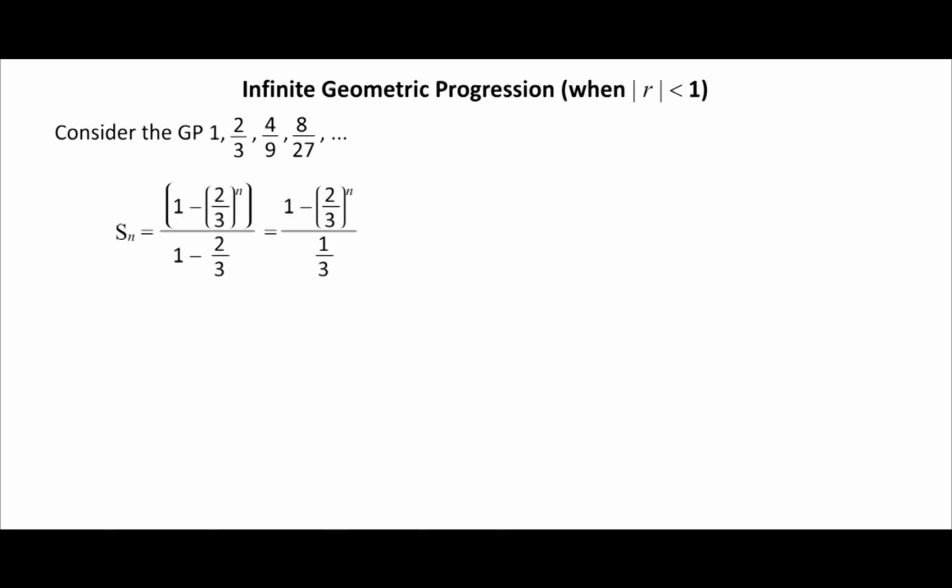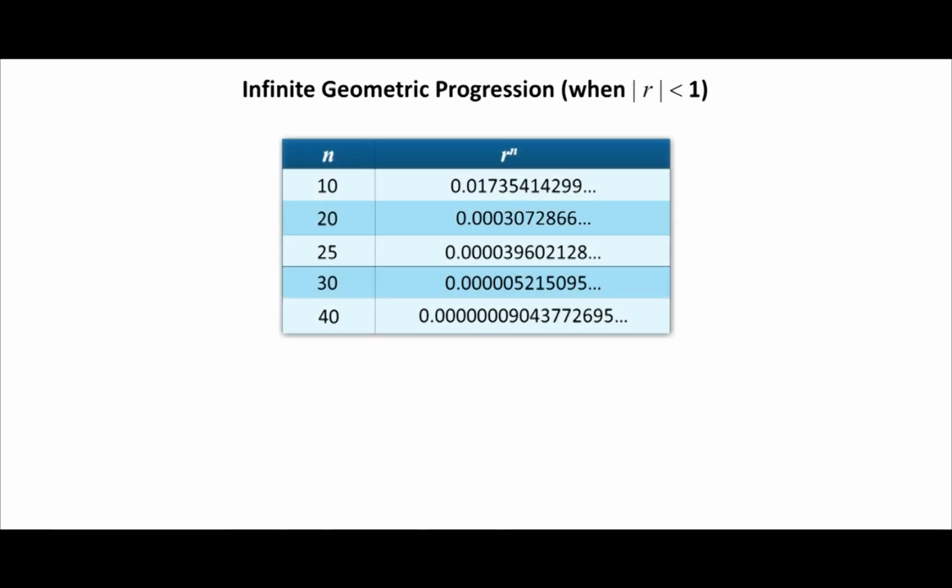On calculating, we find that Sn is equal to 3 minus 3 into (2 by 3) to the power n. We observe that the second term becomes smaller and smaller and approaches 0 as n becomes larger and larger. Thus, if the modulus of r is less than 1, then r to the power n tends to 0 as n becomes larger.